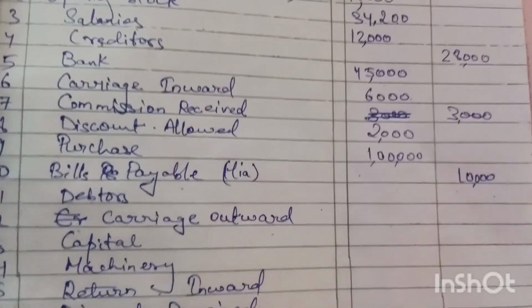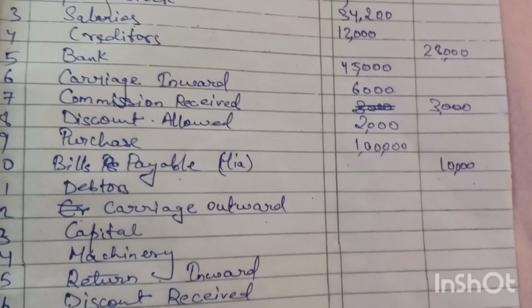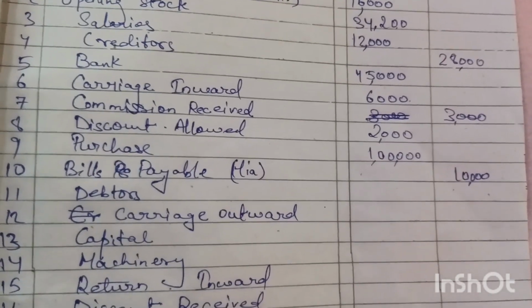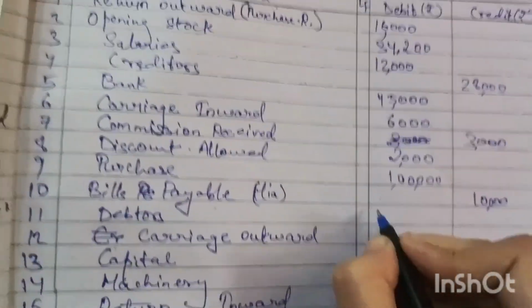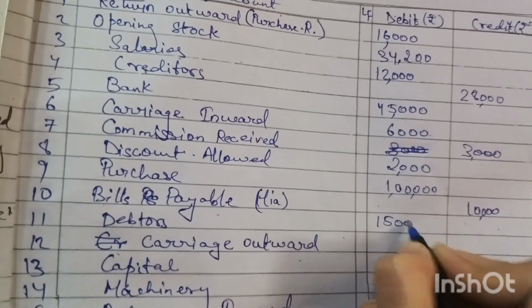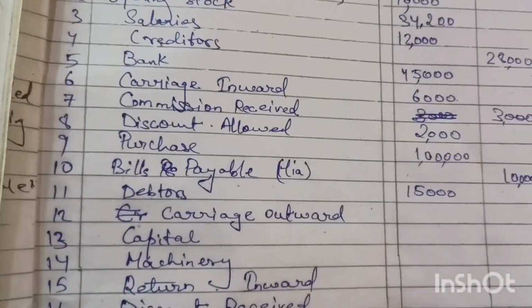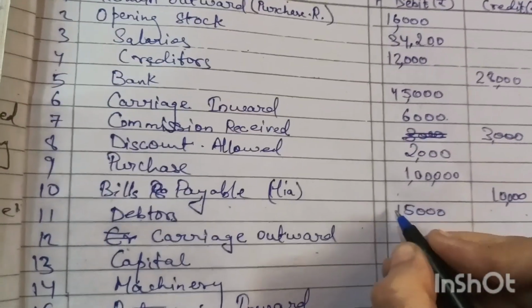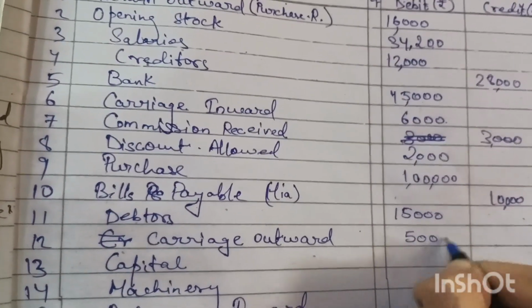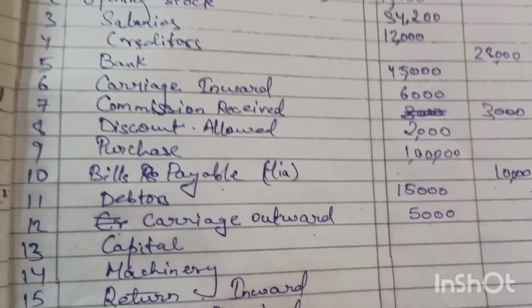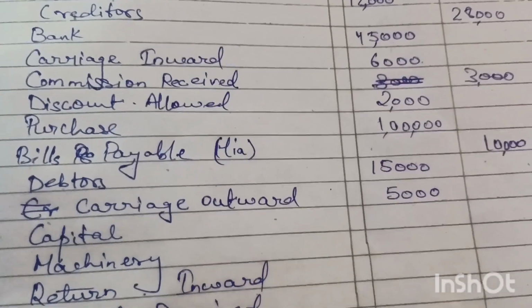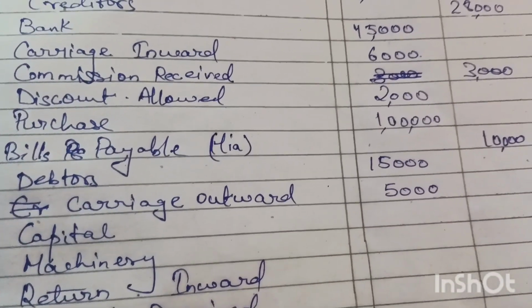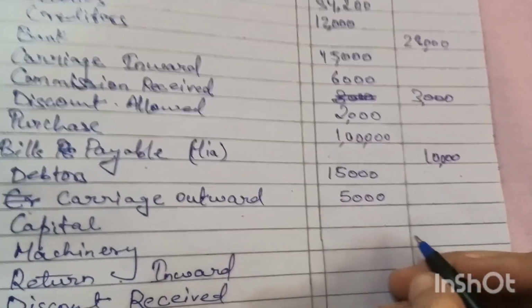Debtors are our assets, so it will go on the debit side. 15,000. Carriage inward is an expense, debit side. 5,000. Capital is a liability, credit side.